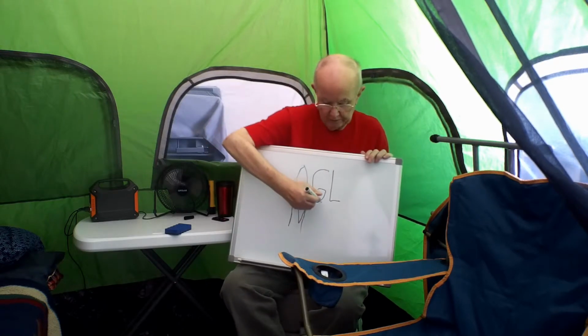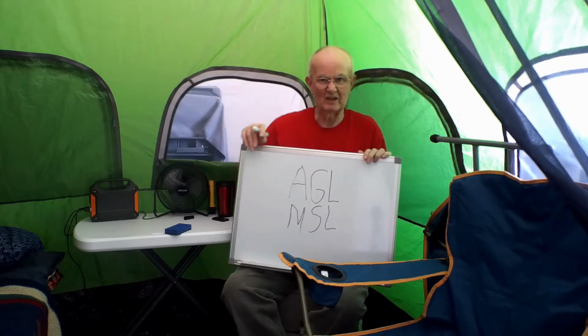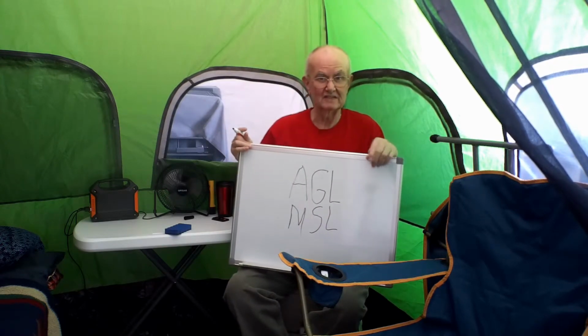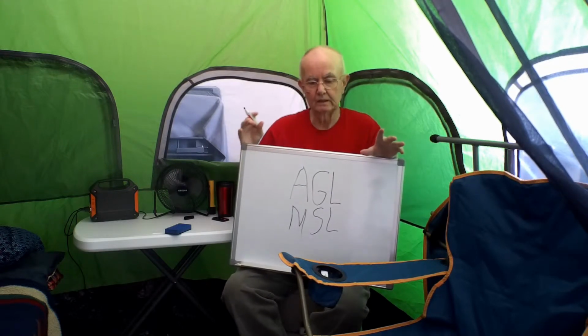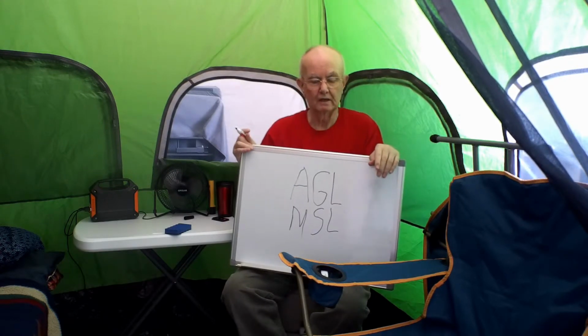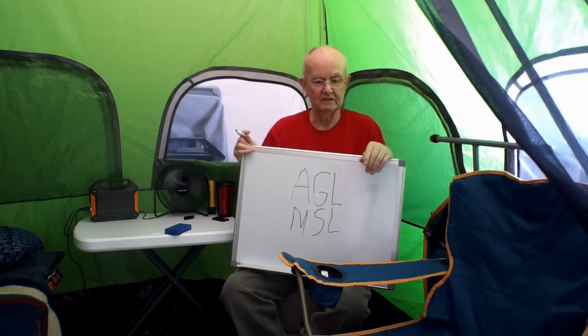Because there's something called MSL. It's really hard writing upside down. MSL is mean sea level, and there's an instrument called an altimeter that tells you how far above mean sea level you are.